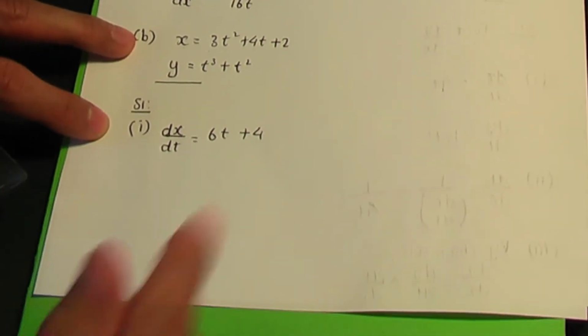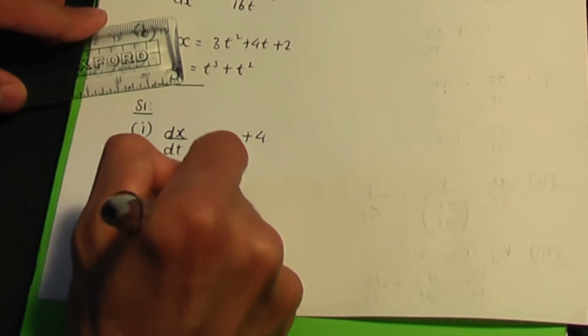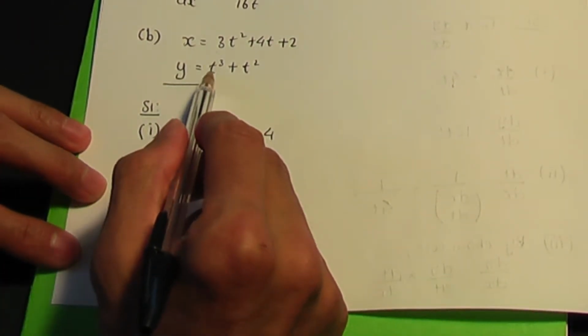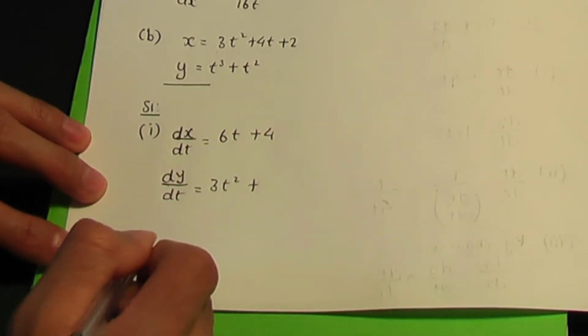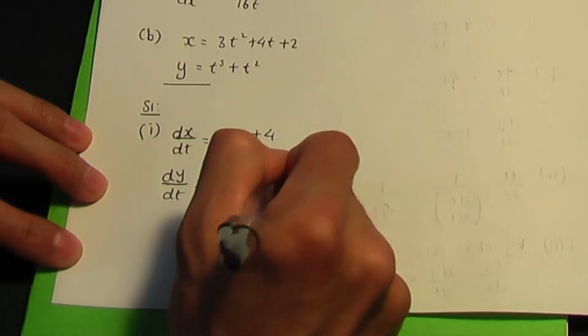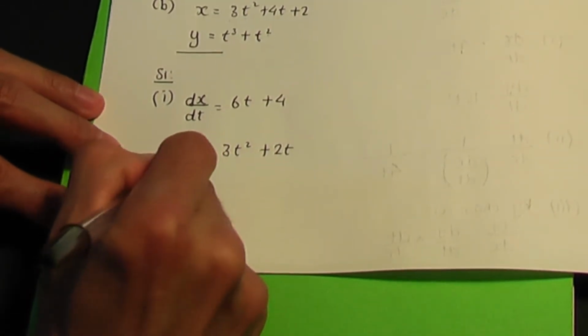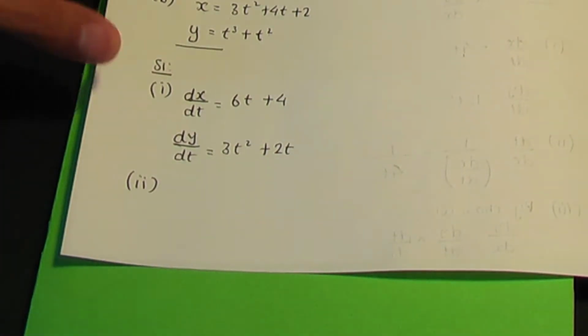And if I differentiate y with respect to t, so dy by dt, if I differentiate t cubed, we'll have 3t squared. If we differentiate t squared, we'll have 2t. So that's the first stage for working out dy over dx.